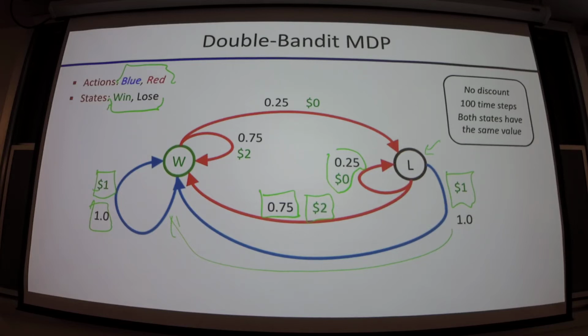Let's just say we want to solve this in a more nebulous sense, and so what should we do? Let's say we have 100 time steps remaining. Let's say our policy is always pull the blue lever. What's our expected value, our expected return under that policy? We always pull the blue lever, we get to do it 100 times, we get $100.